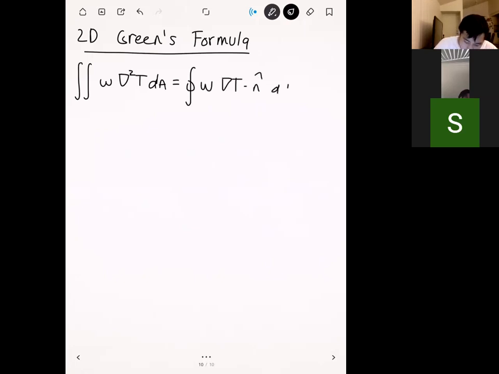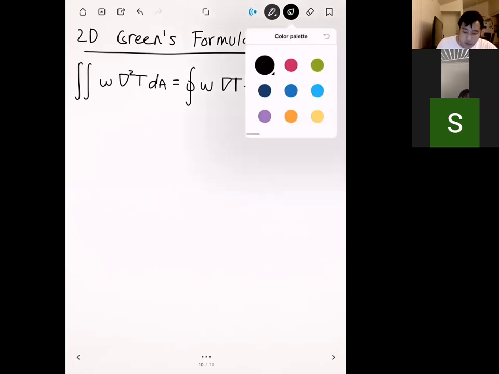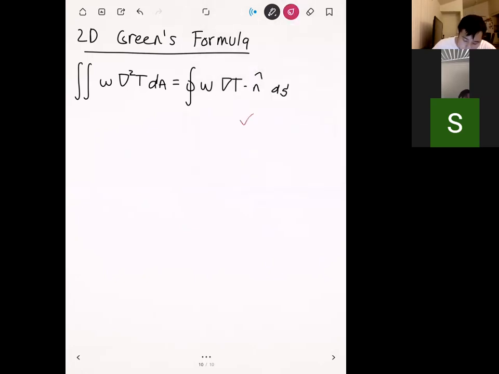And so next we have our boundary integral. And remember, for a 2-dimensional case, our boundary is defined as a line.